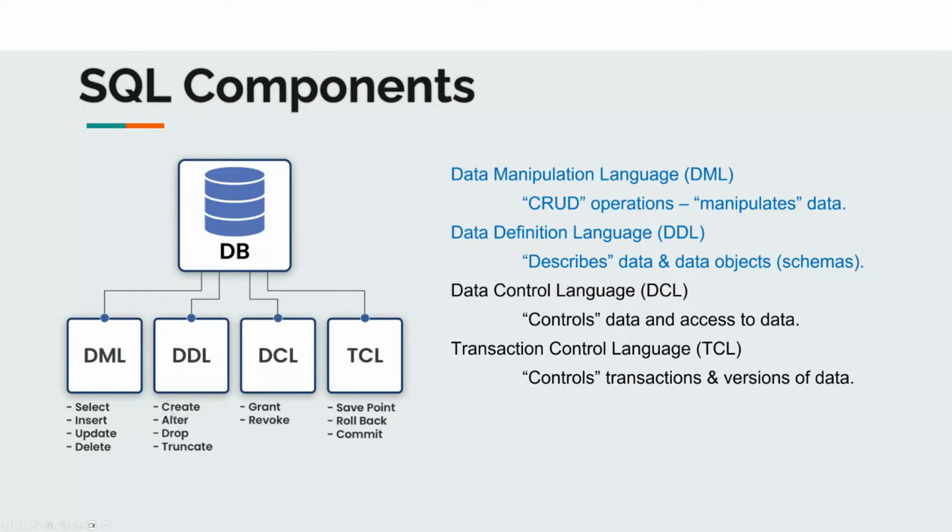You can alter those tables, so you can rename the columns or add columns. You can drop the table or drop columns out of it, or you can truncate the table. Truncating the table means just clearing all the records out of it and keeping that structure so that you can insert new data. It's kind of deleting the data, but it's keeping that structure intact so you can reinsert new data.